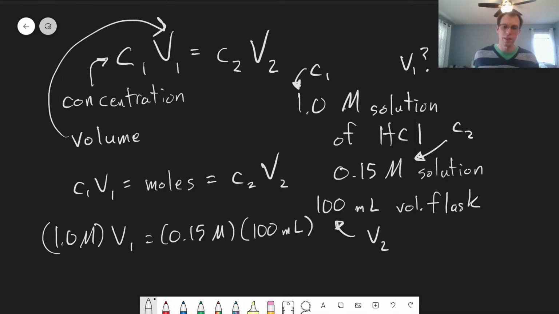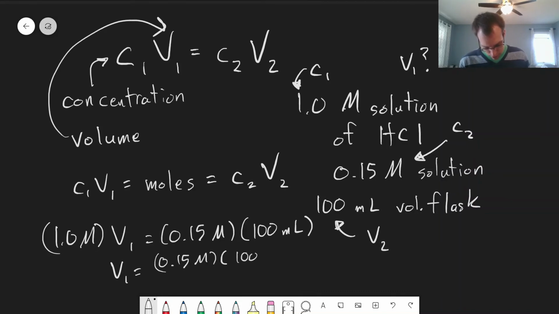We could convert this to liters if we wanted to, but we'll get this in whatever units we use, and we'll probably want to measure this out in milliliters anyway. So we'll just leave it in milliliters. Okay, so then V1 is equal to 0.15 molar times 100 milliliters divided by 1 molar. Our concentrations cancel out, and we will get 0.15 times 100 divided by 1.